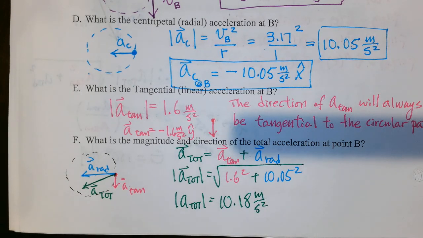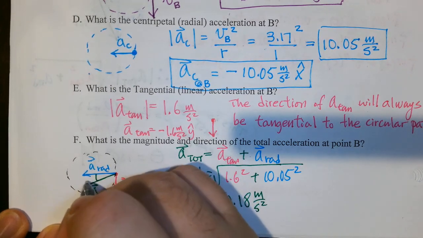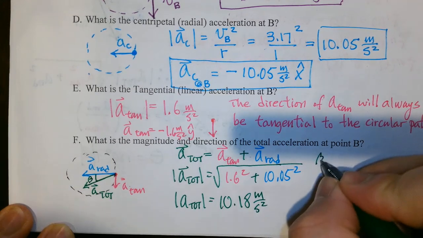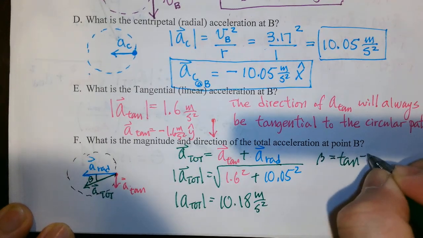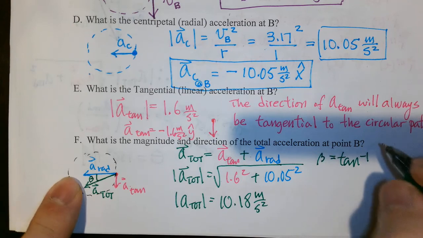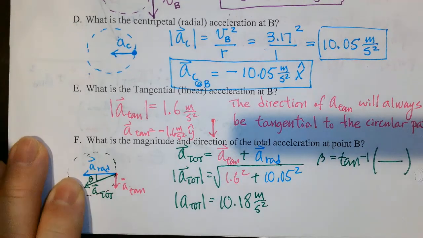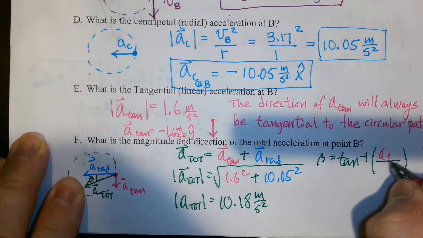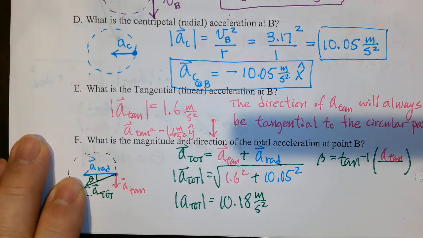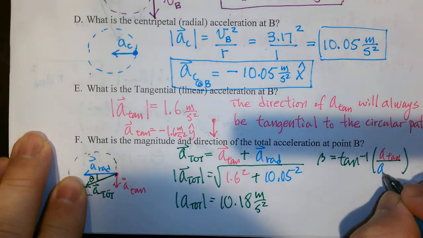Now, this beta right here is equal to tan inverse of opposite, which is A tangential. Notice how this is different than the previous example problem, over A radial.